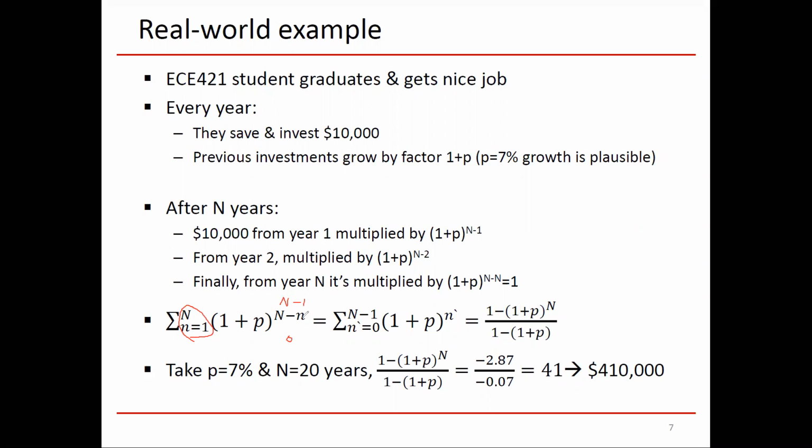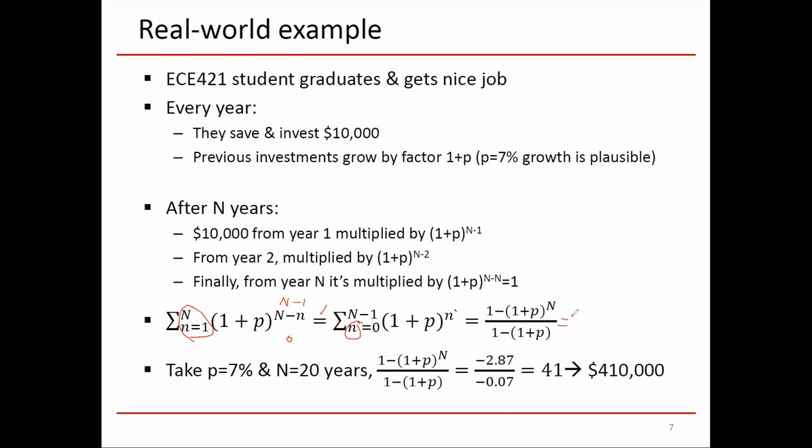So let's just say that we change the index to n prime. We're summing over 1 plus p to the n prime, where n prime goes from 0 to N minus 1. As we've seen before, this expression is equal to 1 minus 1 plus p to the power of N, there are N elements in the summation, divided by 1 minus 1 plus p.